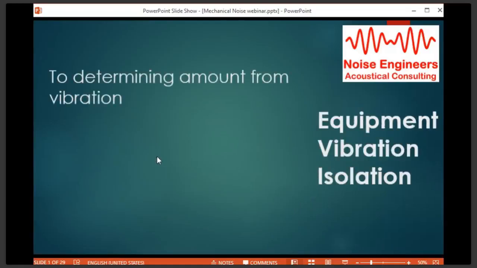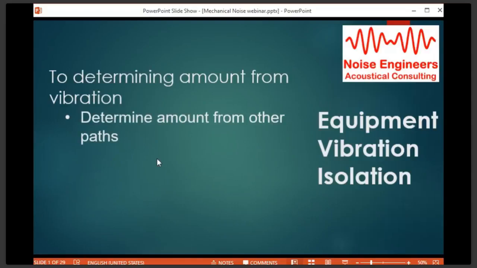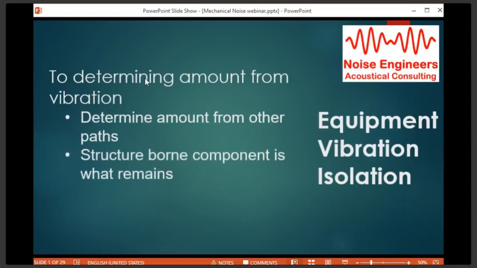So, equipment vibration: determining the amount of vibration. For a rooftop unit or below an equipment room, a lot of times you can't just straightforwardly feel the ceiling and say, that must be vibration, because low frequency noise can hit walls or partitions and shake them.